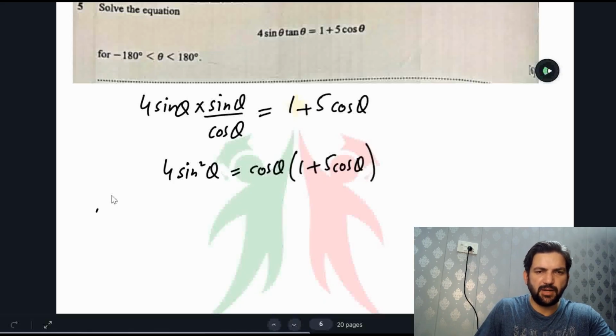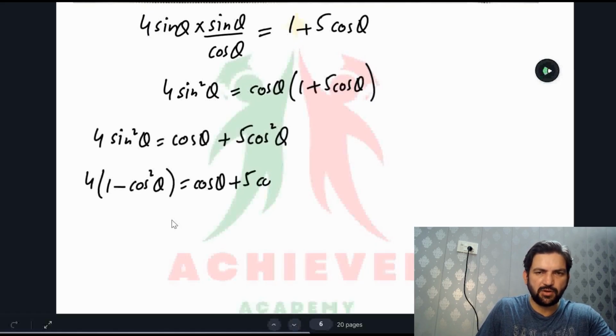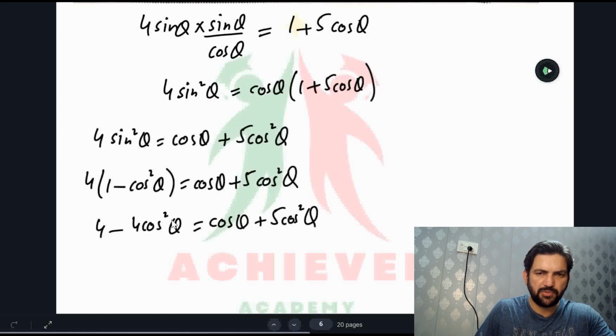If we multiply it, this will be 4 sine square theta equals cos theta plus 5 cos square theta. Now we can rearrange it, replacing sine square theta with 1 minus cos square theta. So 4 minus 4 cos square theta equals cos theta plus 5 cos square theta.